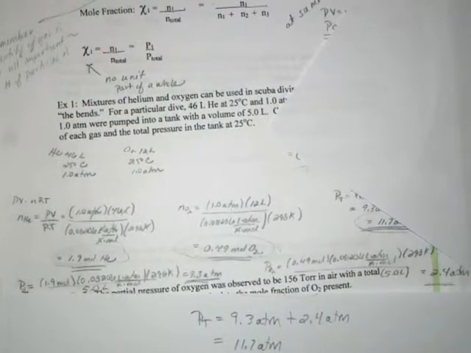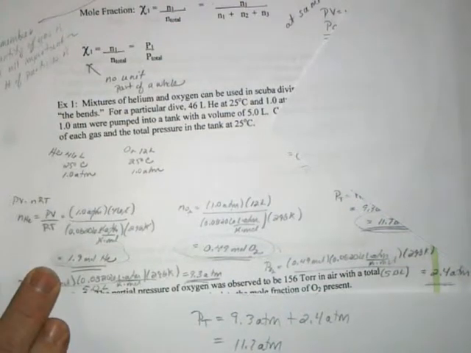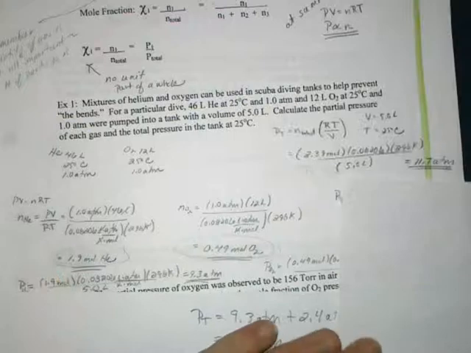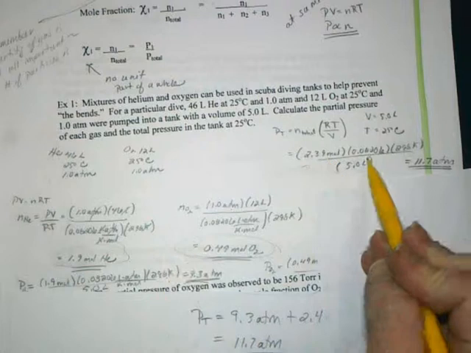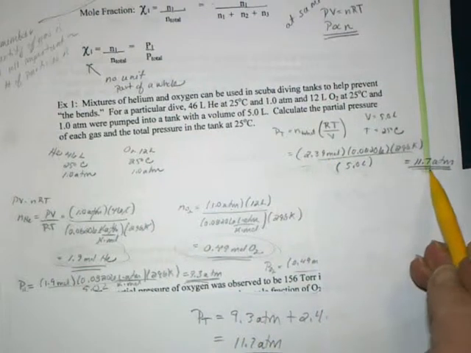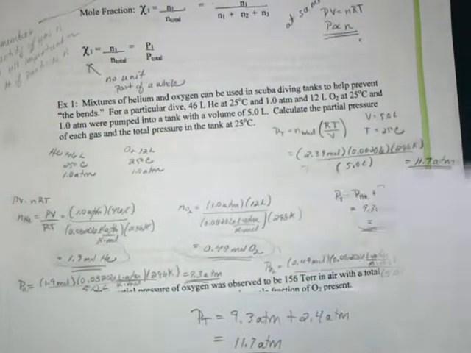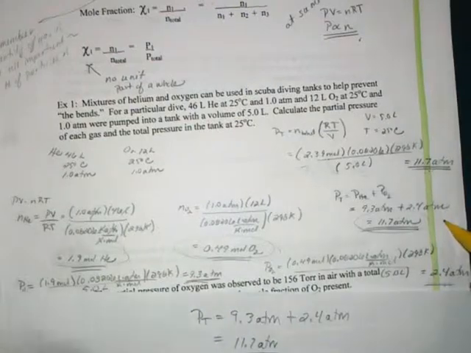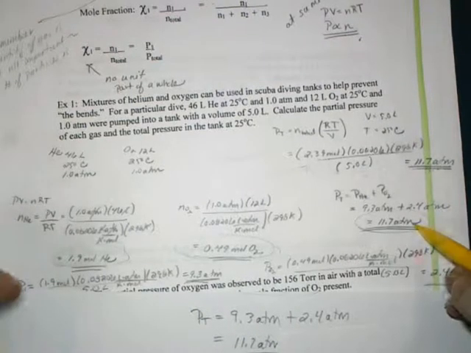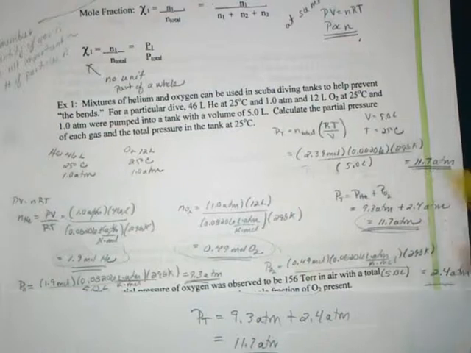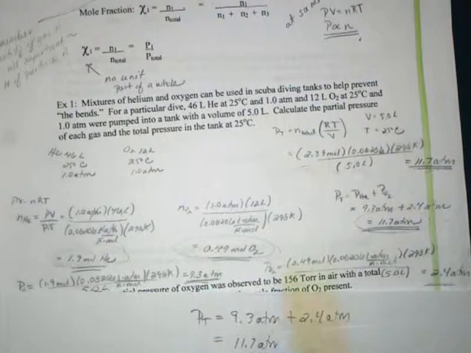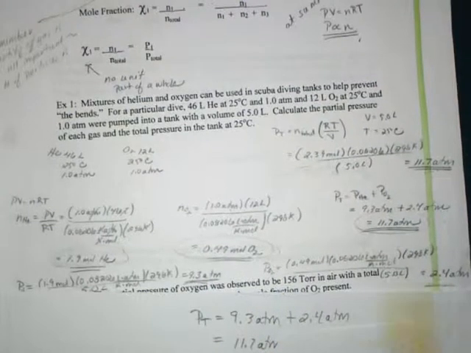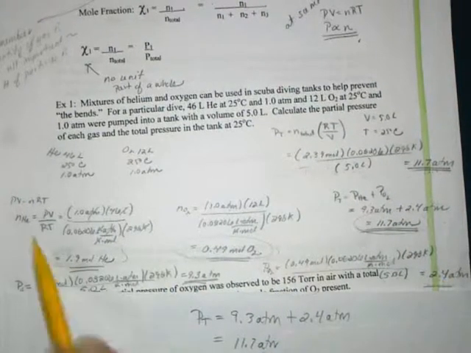However, what we could also do is get the total pressure by taking n total. So adding our moles and then finding the total pressure this way. And that's just a nice way to reconfirm. And then what you could have done was just found the moles, using the moles of oxygen to find the partial pressure of the oxygen, and then subtract to find the partial pressure of the helium.